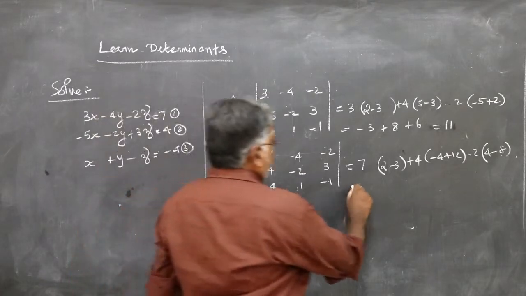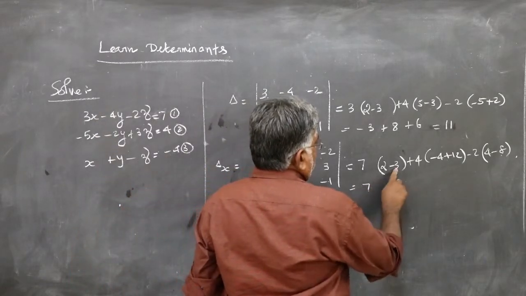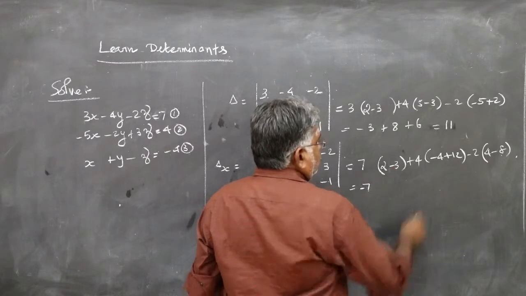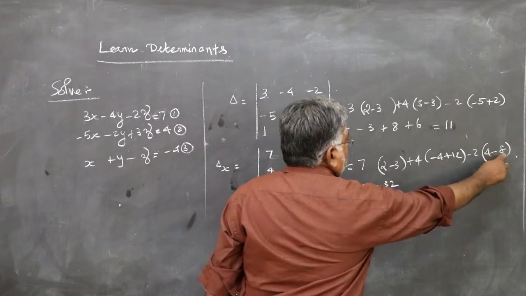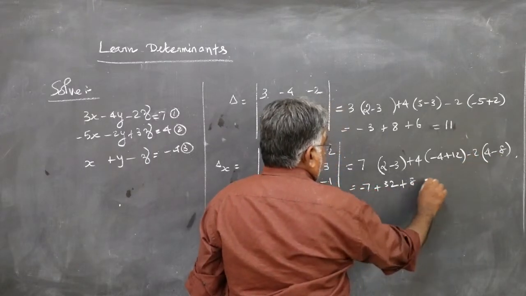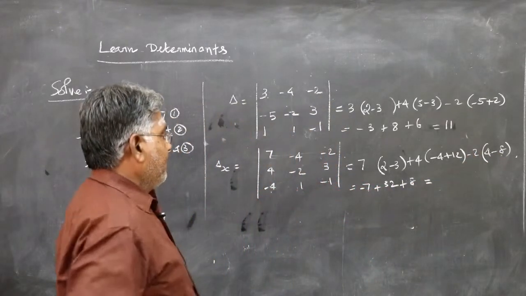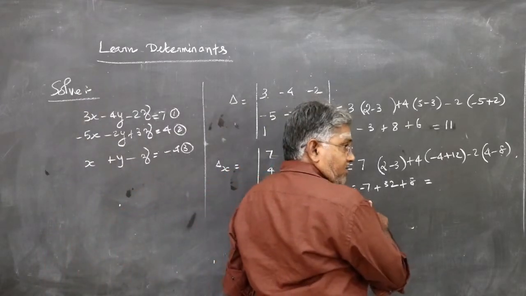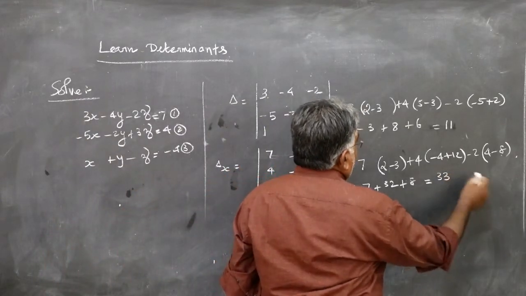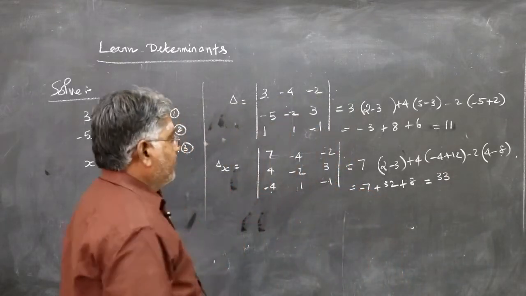This simplifies to minus 7, since this is minus 1, plus 32, minus 4, so plus 8 again. So 40 and minus 7 here, so 33, delta x.